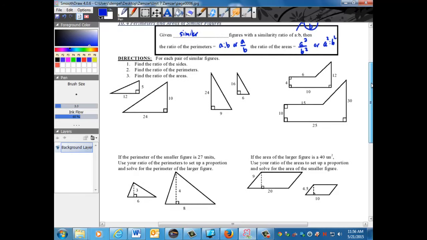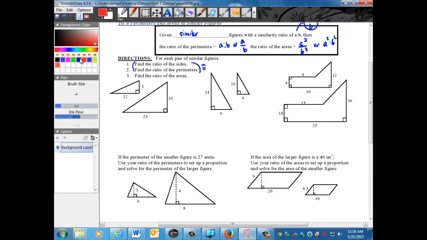Alright, we're asked down below to find the ratio of their sides. And so first thing that we want to recognize is that the ratio of the sides and the ratio of the perimeters, these are always going to be the same. They're always equal. Okay, so the side ratio and perimeter ratio are always equal.